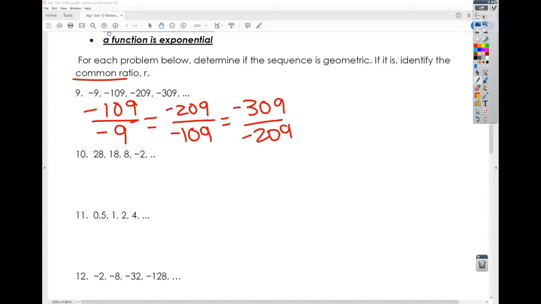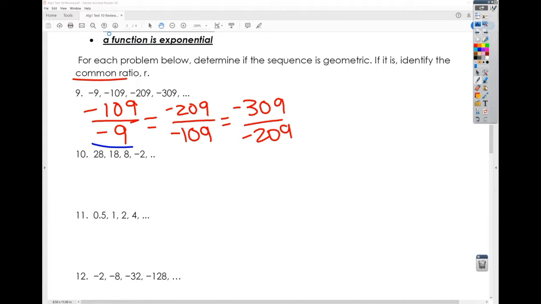If you take a calculator and divide negative 109 by negative 9, you get about 12.11.